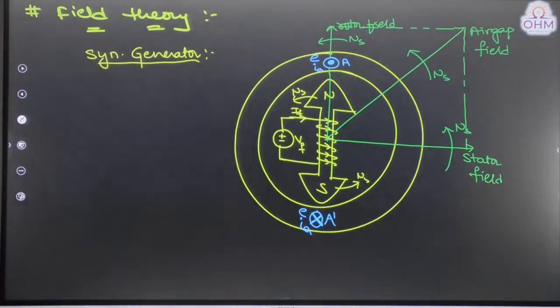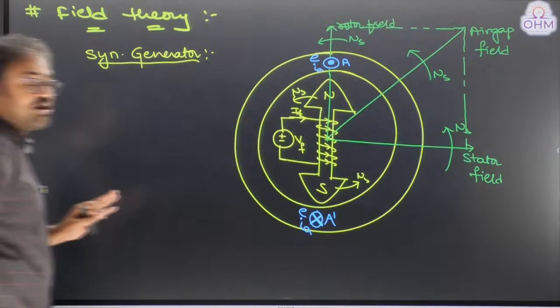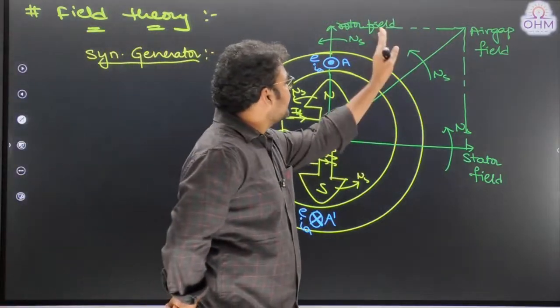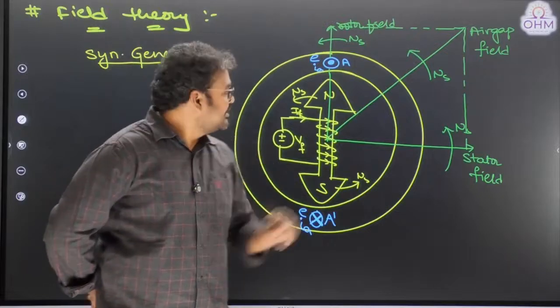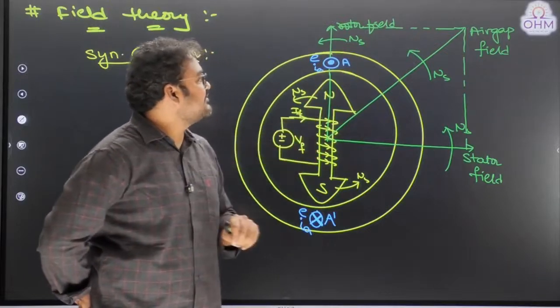Rotor field is rotating at a synchronous speed. Stator field is rotating at a synchronous speed, and air gap field is also rotating at a synchronous speed. Therefore, if I ask you what is the relative speed among all these three magnetic fields, the answer will be 0. Why? Because all fields are rotating in the same direction with same speed. But if I ask you one more question, which field was leading and which field was lagging?